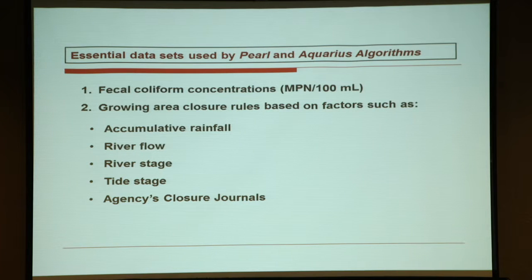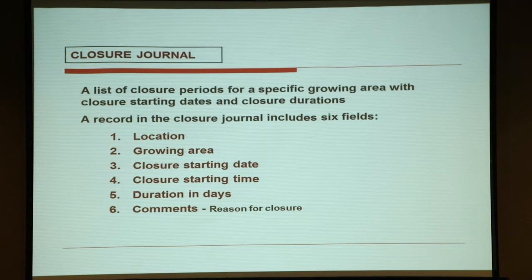Essential data used by the models are 1, fecal coliform concentration, and 2, growing area closure rules based upon factors such as cumulative rainfall, river flow, river stage, tide height, and agency closure journals.